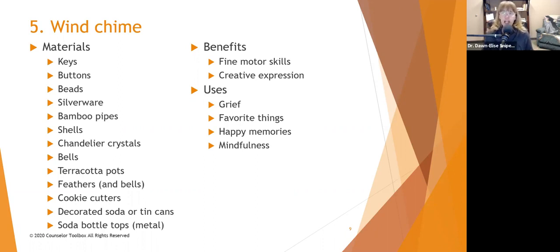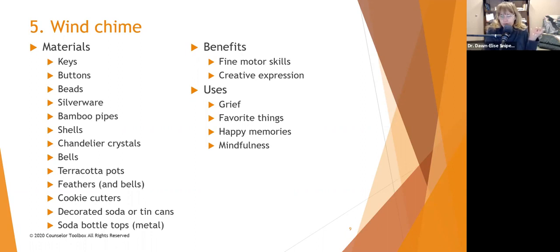They can make wind chimes of their favorite things. Shells, for example. I love shells, and when you hang them together, they make not a jingling sound, so to speak, but it can be pleasant for people. It reminds me of the beach, which I grew up in Florida, so there you go. It can be happy memories that they have. Maybe they remember when they first started riding a bike and they had that little jingle bell on their bike that they used to jingle all the time as they were riding.